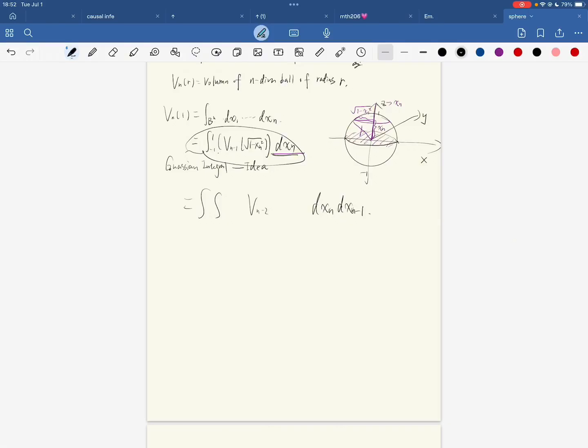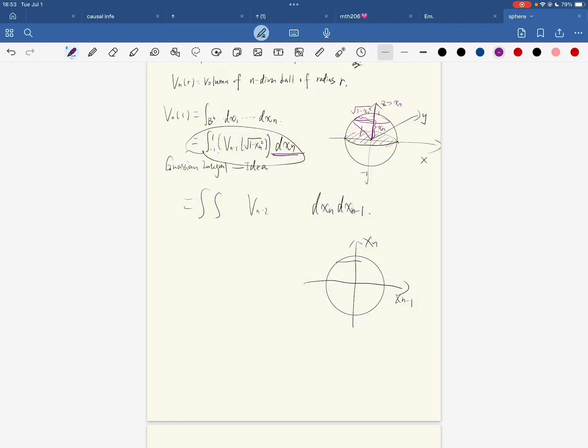Now we want to look at this coordinate to be x_{n-1}. Now what we have is this equals 1, and we want to integrate the whole area of it.